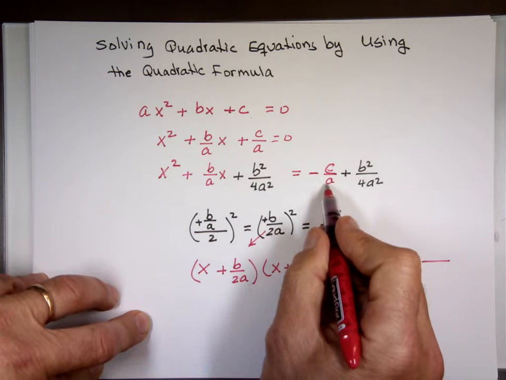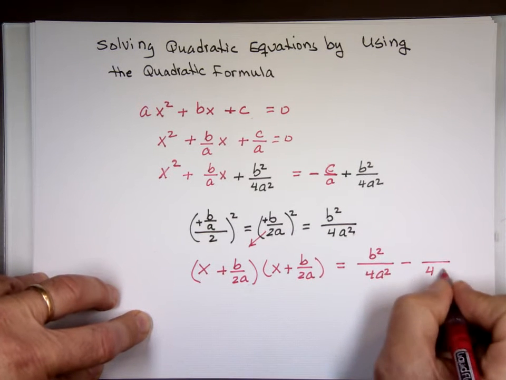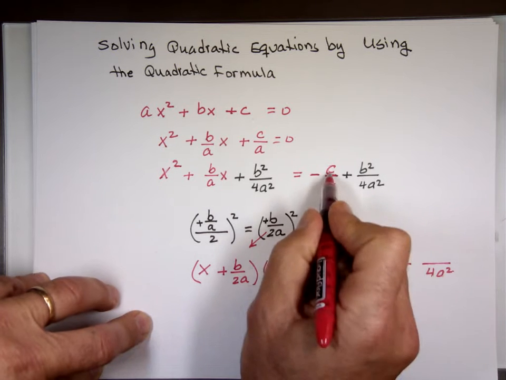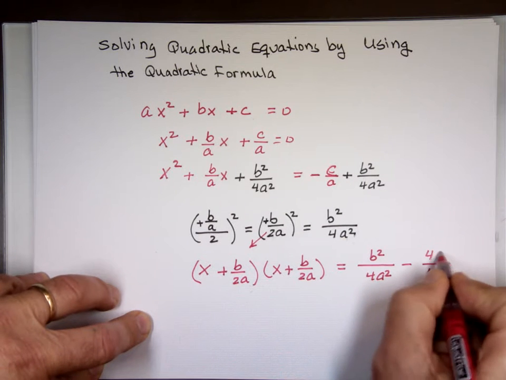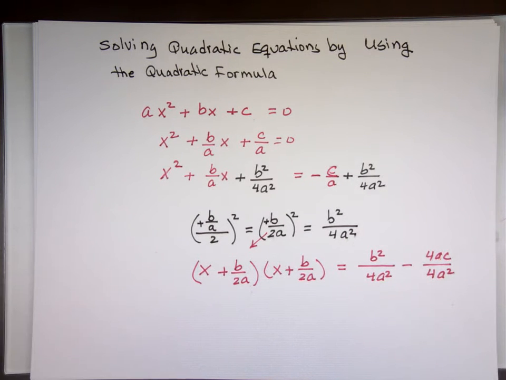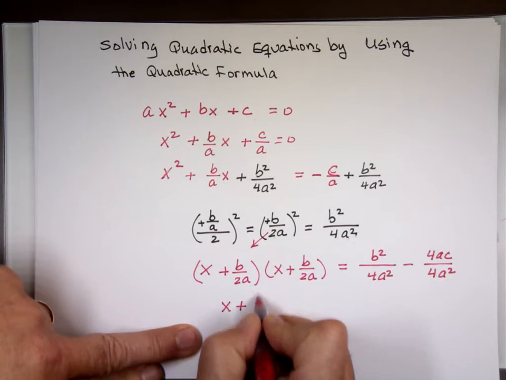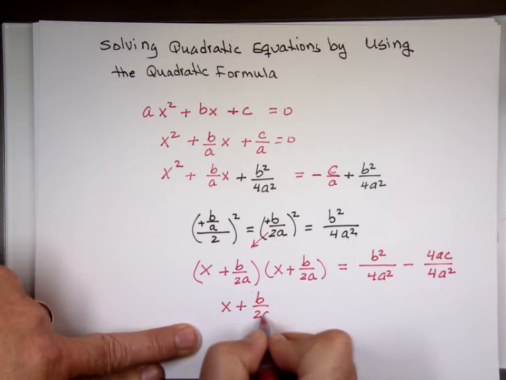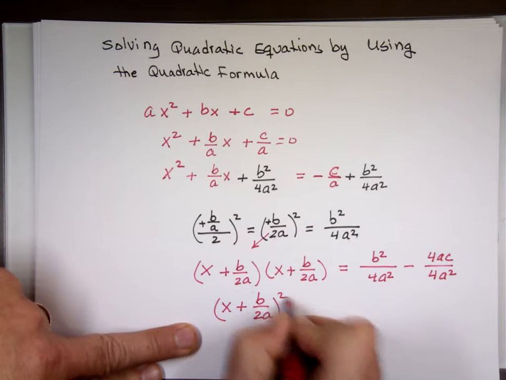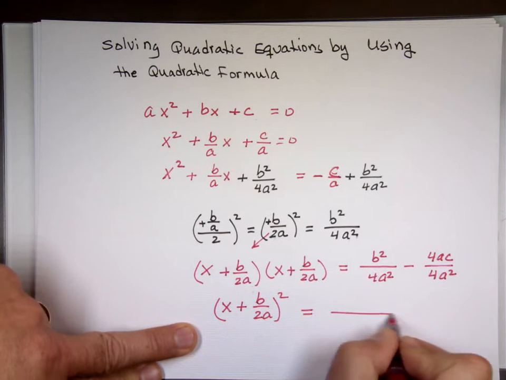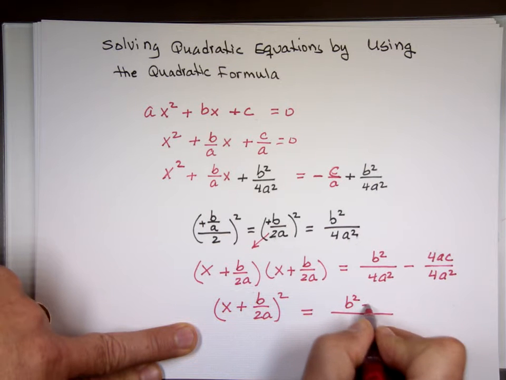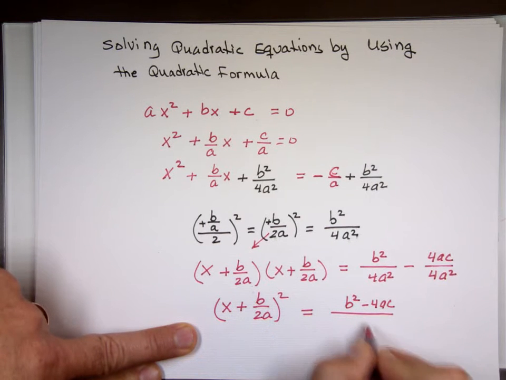So here I have to multiply this by 4a to make it 4a squared, which means you multiply the c by 4a. You can write that squared equals b squared minus 4ac divided by 4a squared.